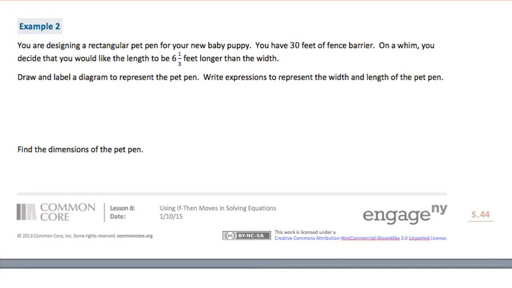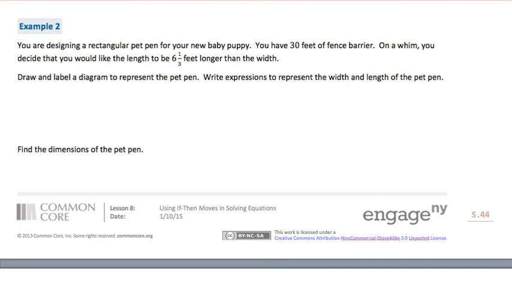Looking at example 2, you're designing a rectangular pet pen for your new baby puppy. You have 30 feet of fence barrier, and on a whim you decide that you would like the length to be 6 1/3 feet longer than the width. You need to draw and label a diagram to represent the pet pen, and then write expressions to represent the width and length of the pet pen.